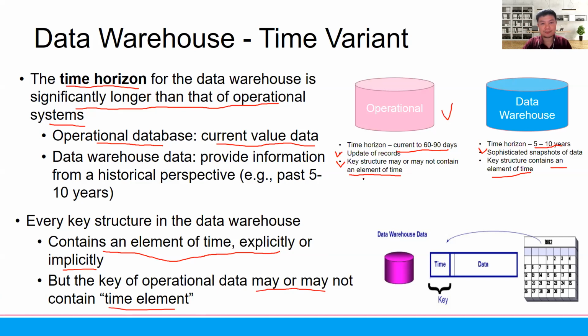If you have the time, actually the time can be regarded as the key, and the data will be the additional data. So you have time as the key, and then the remaining is the data, for example, the customer who bought that product at a particular time.